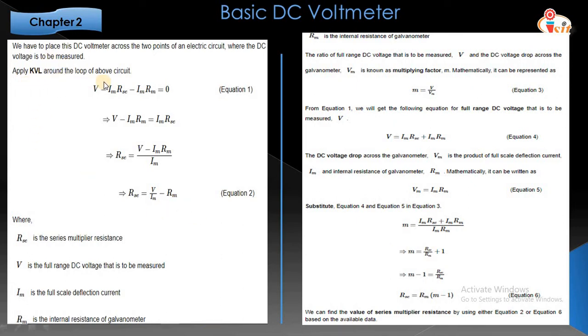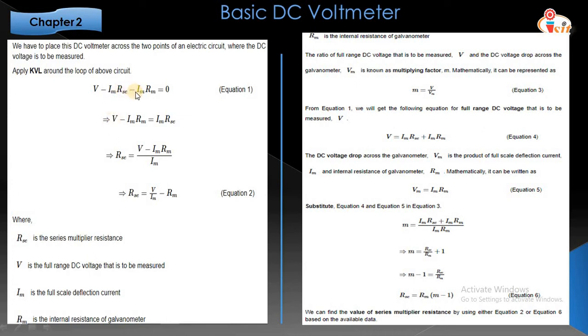Now apply KVL around the loop of the above circuit: V minus Im Rse minus Im Rm is equal to 0.